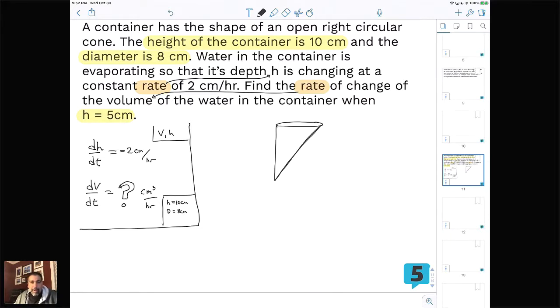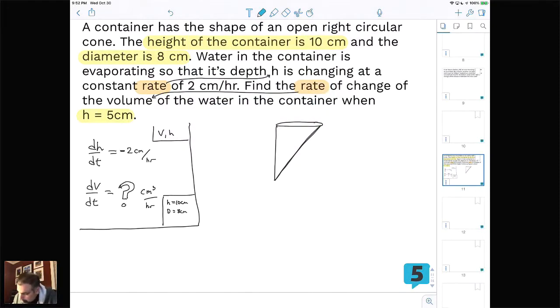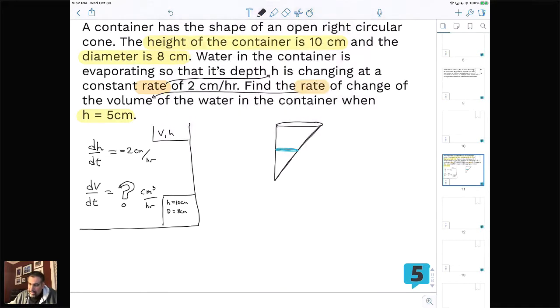Okay, this would be our right circular cone. And what we've got is water in this cone. So the water has a level, maybe this far up. And that water is evaporating. So the idea here is to label this the best we can so we get an idea of what's going on geometrically.